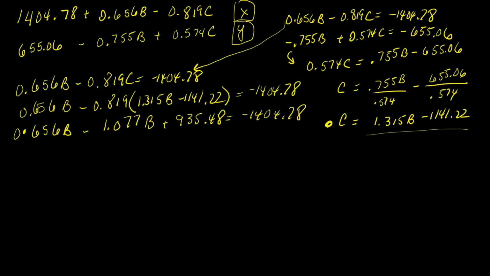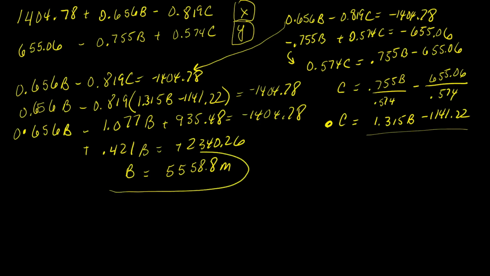Okay, combining like terms, I have 0.421 B's equals negative 2340.26. Change the signs to positive. So I have B is equal to 5558.8 meters.